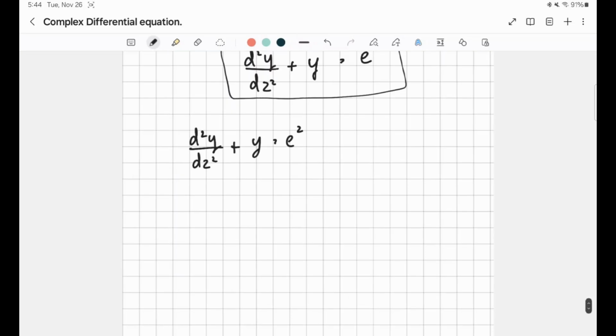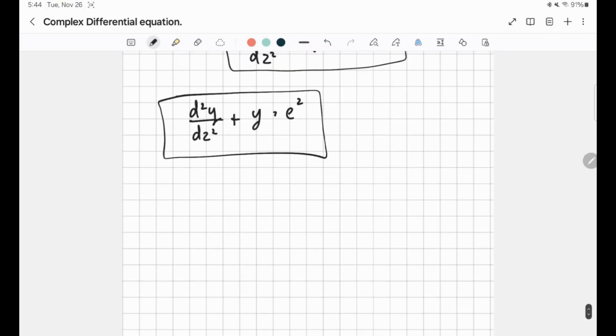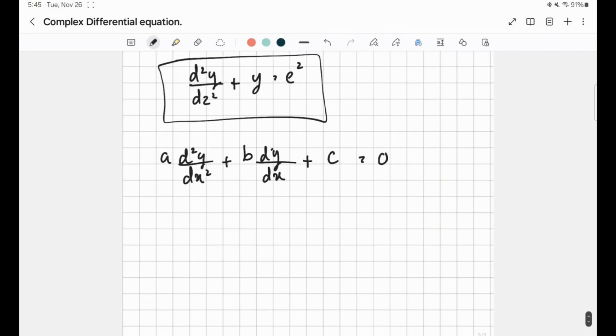When solving this, you should know that if you have a differential equation like this example, you can write it as a lambda squared plus b lambda plus c equals 0.